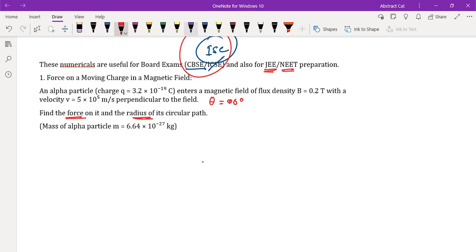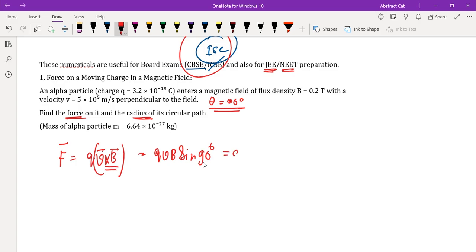First find the force. Force is Q V cross B, and the angle is 90 degrees, perpendicular. So QVB sine 90 degrees, and sine 90 is 1, so you get QVB.